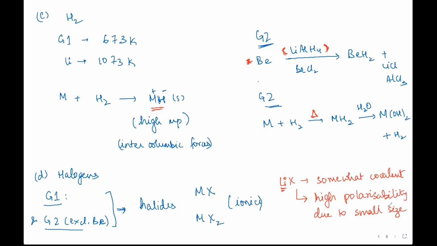Polarizability means the ability to distort the electron cloud. So you've got your cation and you've got your anion with its negative charge. When an ion is small, its nucleus is closer to this electron cloud.